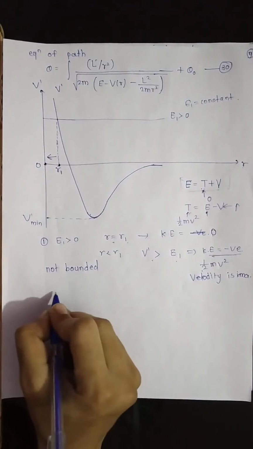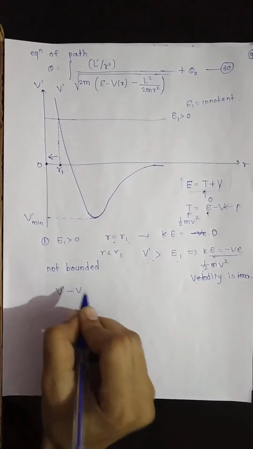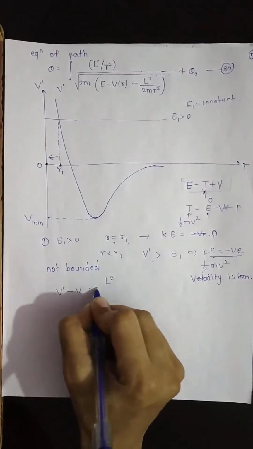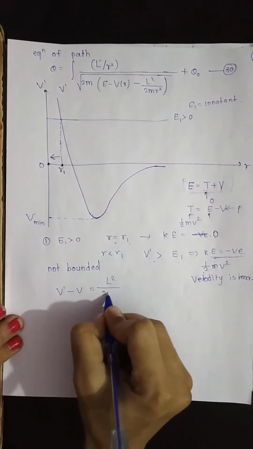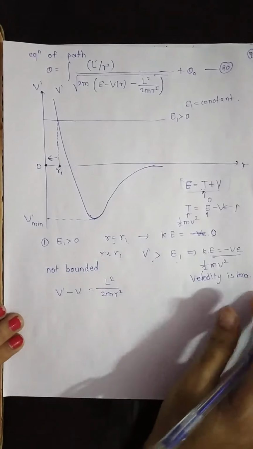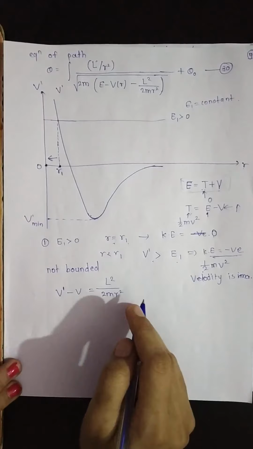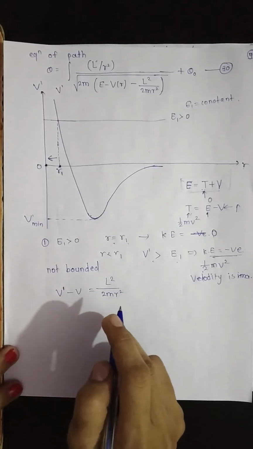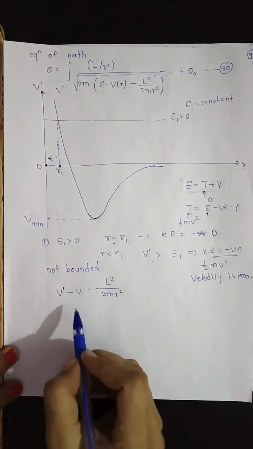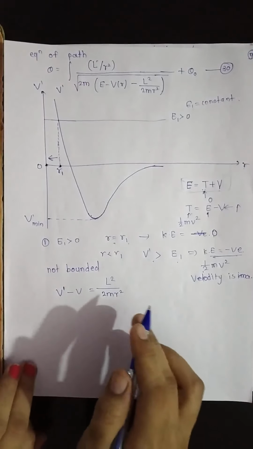Also the distance between V dash and V is nothing but L square upon twice m r square, which is given by equation number 31b. So this is the corresponding distance between V and V dash.